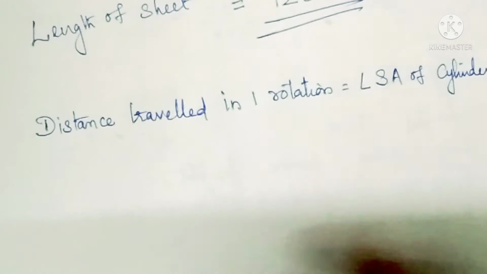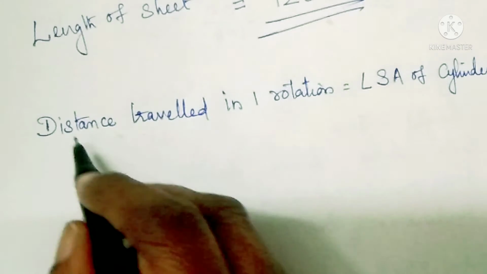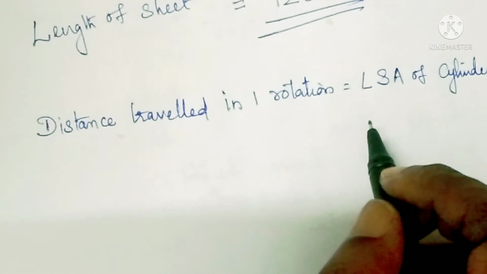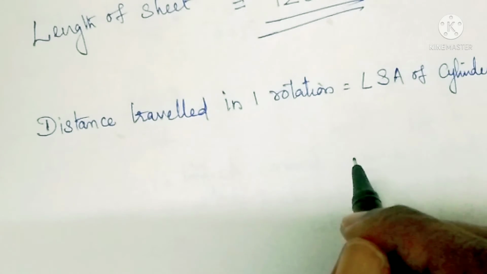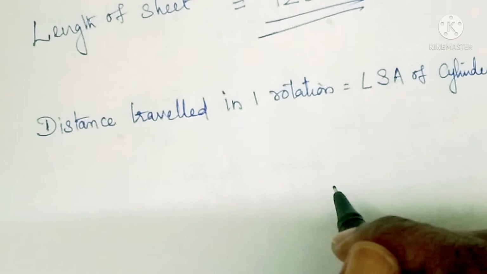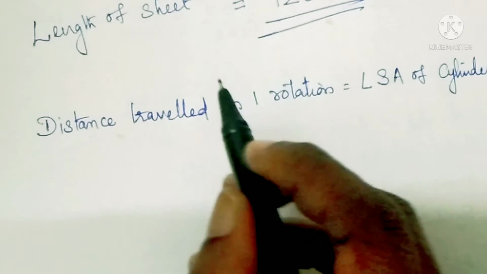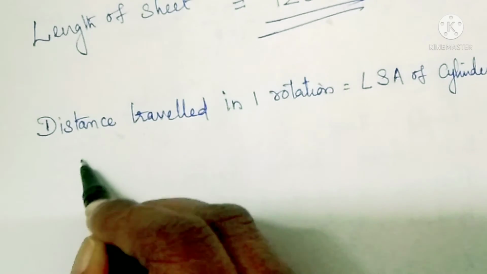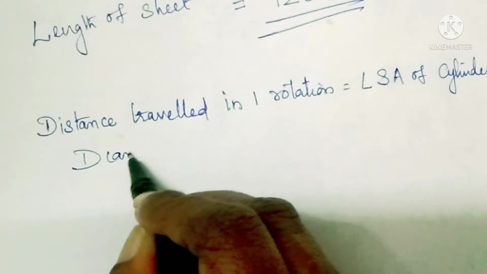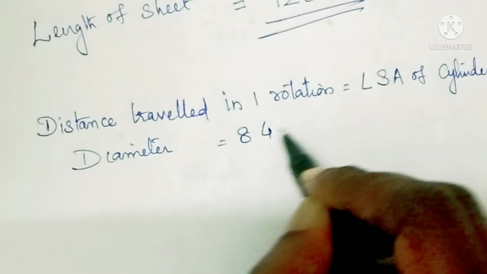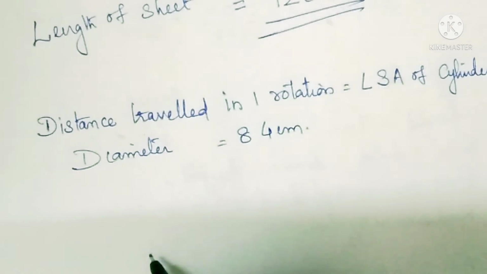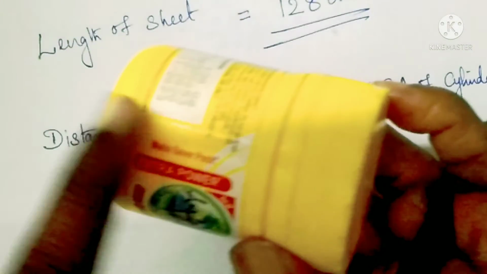Did you understand? Yes. Now, the LSA is not given. What else is given in the question? Find the area of the road if the diameter of road roller is 84. The diameter, that is D, is given, is 84 centimeter.